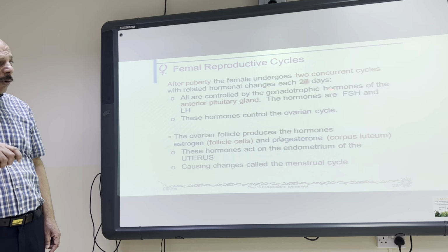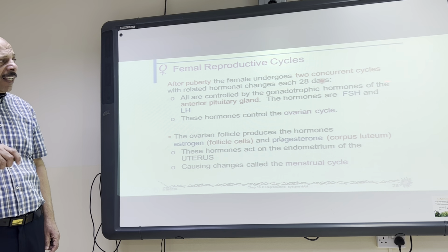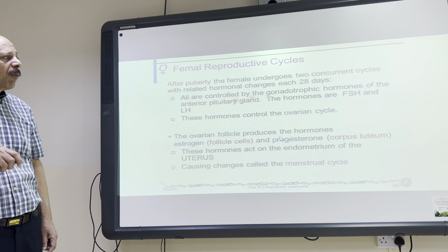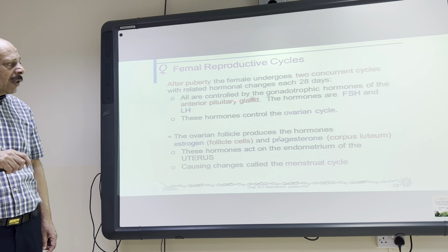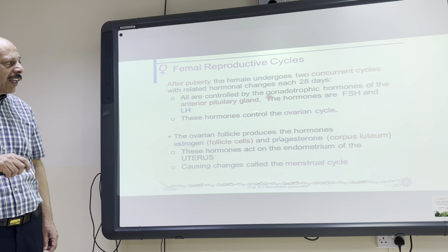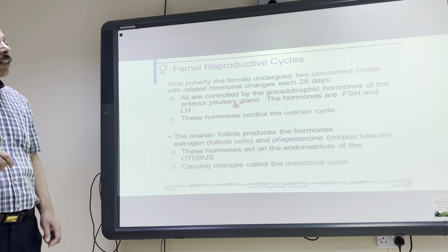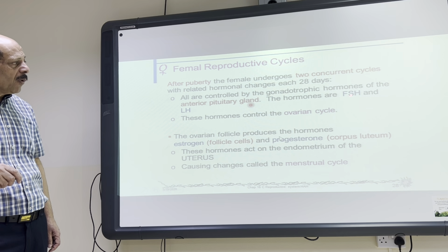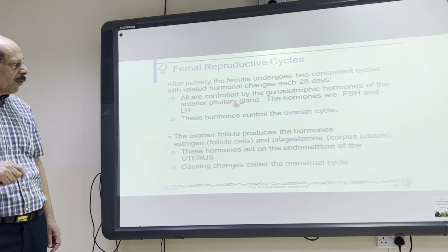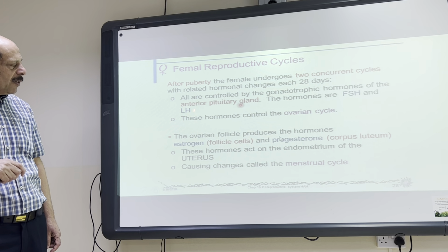This cycle and these changes are controlled by the gonadotrophic hormones of the anterior pituitary gland. Those hormones are the follicle stimulating hormone and the luteinizing hormone. You took this previously in semester 1 with the endocrine.